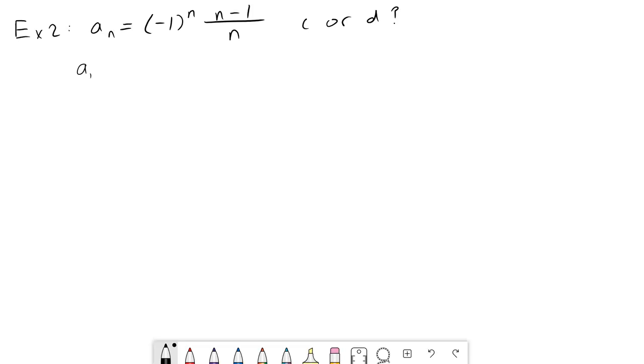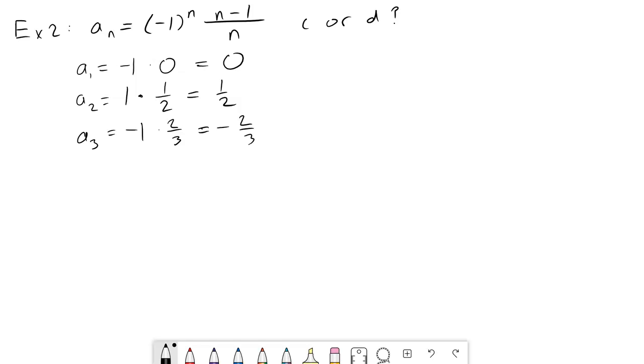So a1 is equal to negative 1 times 1 minus 1 over 1, which is 0. a2 is 1 times 2 minus 1 divided by 2, that's 1/2. a3 is negative 1 times 3 minus 1, which is 2, divided by 3, so it's negative 2/3. a4 is 1 times 3/4, which is 3/4.